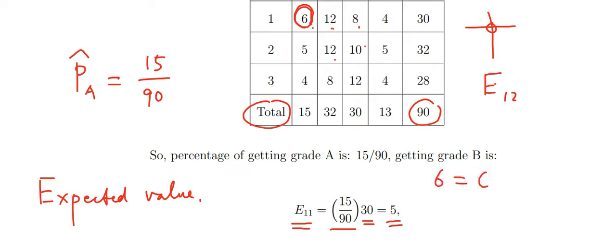We can denote the observed value at this position, and the 5 is the expected value at this position. So for each cell, we can find the expected value.